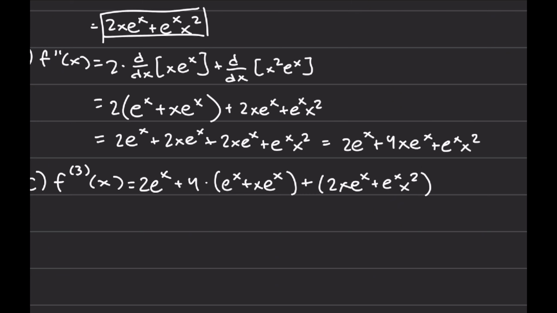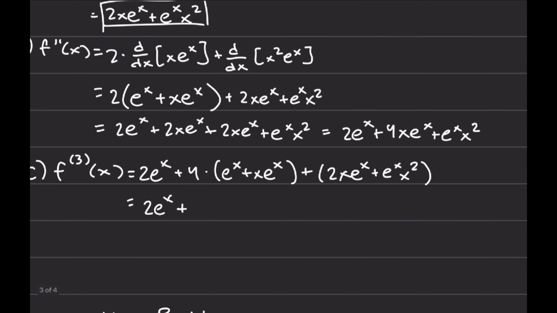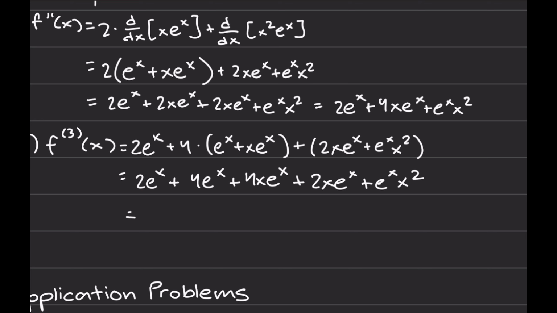And now we evaluate it. Gives 4 e to the x plus 4x e to the x, and then this one. So simplifying all that out, we get this.